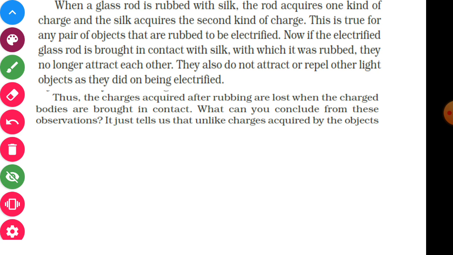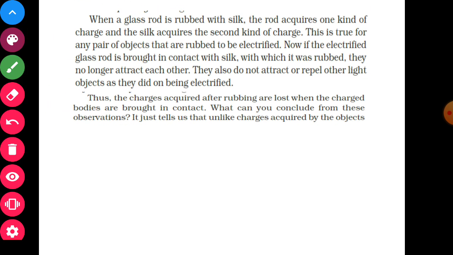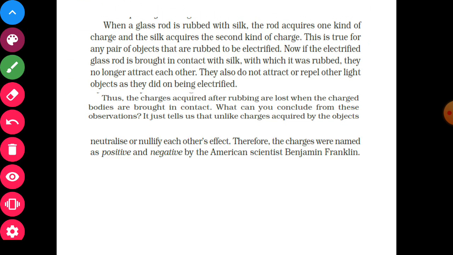What can you conclude from these observations? It just tells us that unlike charges acquired by the objects neutralize or nullify each other's effect.